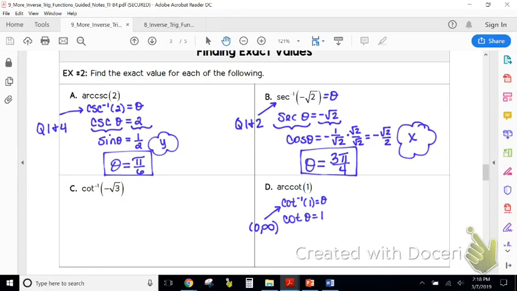So, we don't use tan on this one? Yeah, I'm going to. So, we need to take the reciprocals. So the reciprocal of cotangent is tangent, and the reciprocal of 1 is 1. So I want to know, well, what is tangent in terms of x and y?